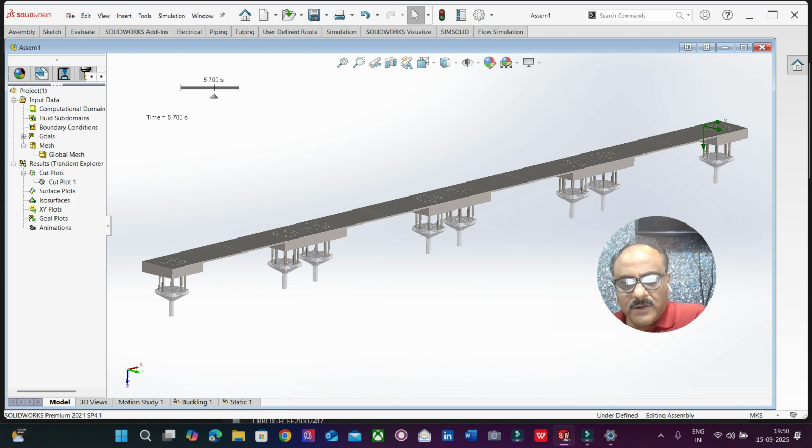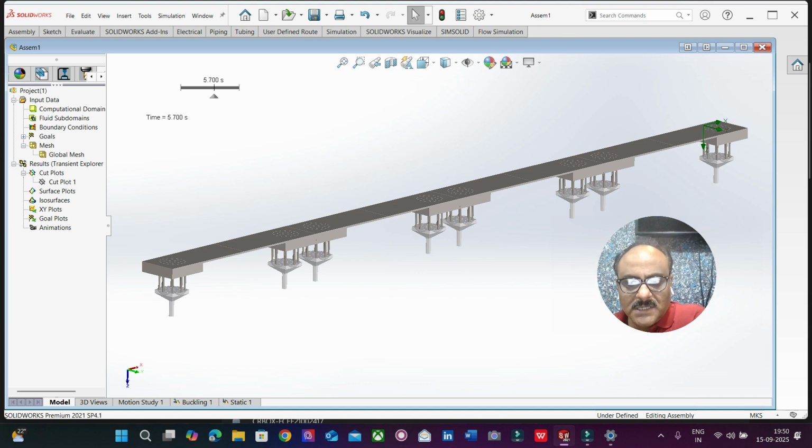So we are going to consider a particular bridge which is about 500 meters span, constructed across a river, and the river flows at about, say, 15 meters per second, and we are going to understand the fluid dynamic parameters and characteristics.